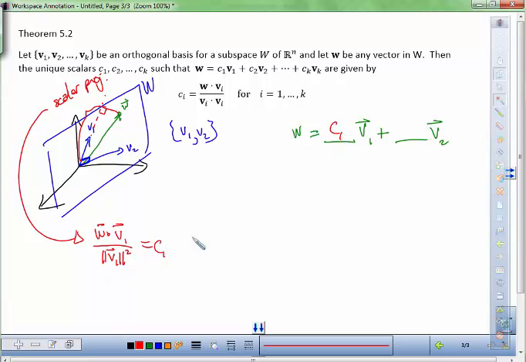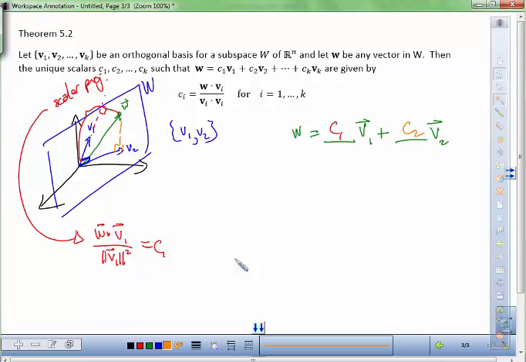And it's a scalar, right? And so you would find C2 similarly by projecting W onto V2. When you project W onto V2, you're going to get C2.